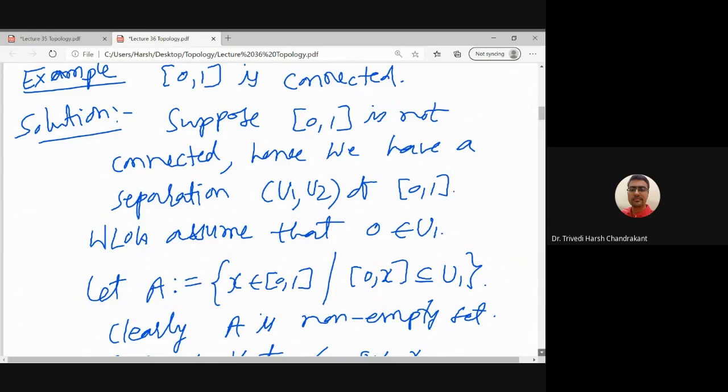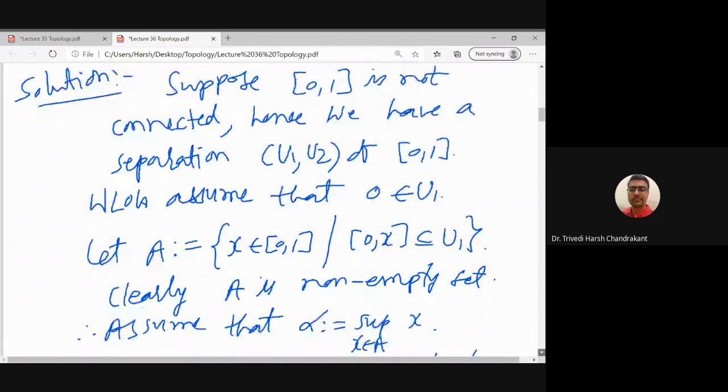So suppose 0 belongs to u1. So let A be the set of points x between 0 and 1, including 0 and 1, so that the closed interval 0 to x is a subset of u1. So we will select all the points x such that the closed interval 0 to x is a subset of u1.